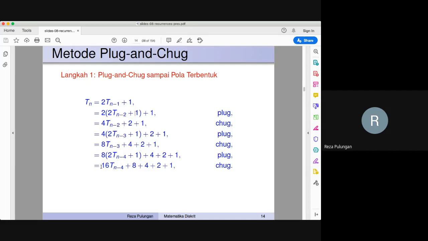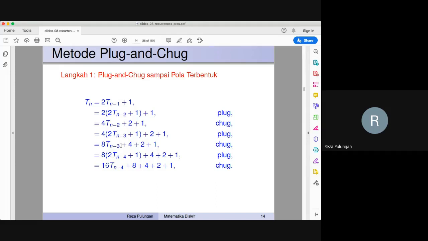So you see, we are starting to see a pattern here. What is the pattern? Look at this. When here we have n minus 1, we have here 2, and we have here 1. When here we have n minus 2, we have in front 4, and we have here 2 plus 1.